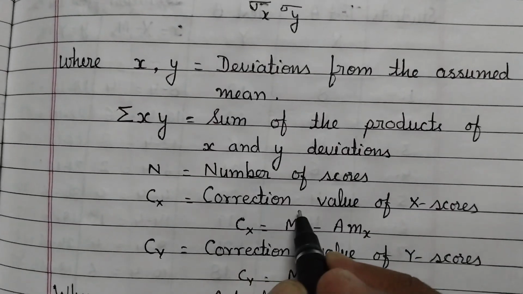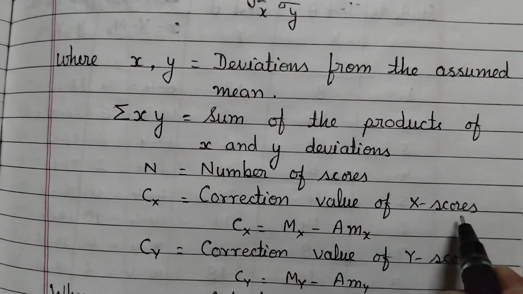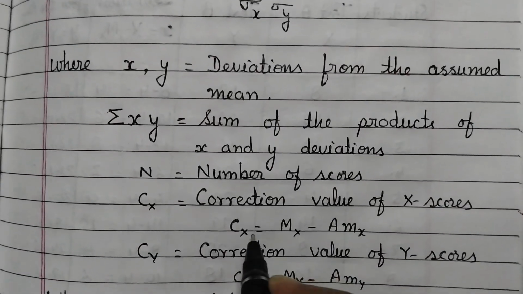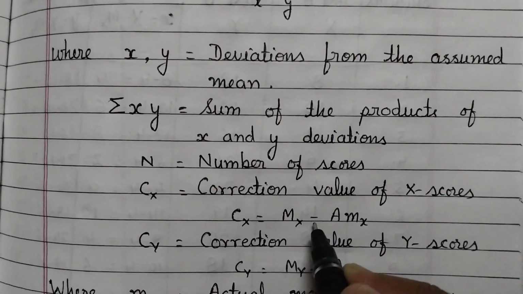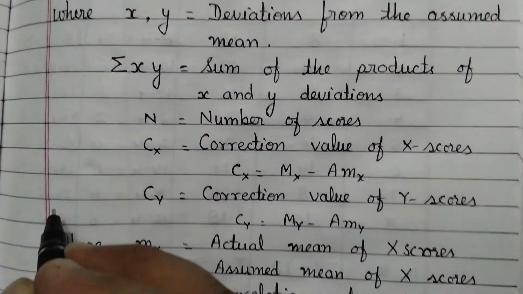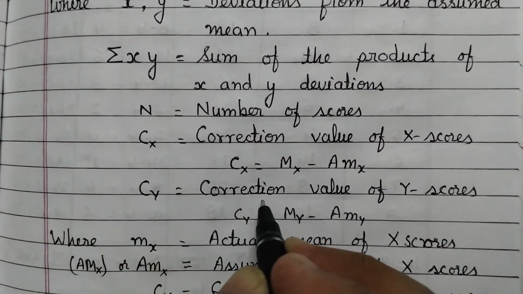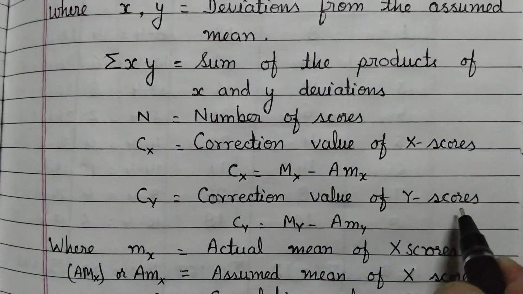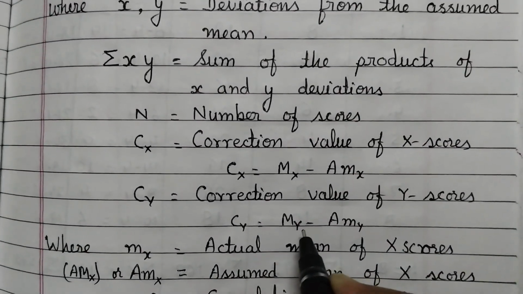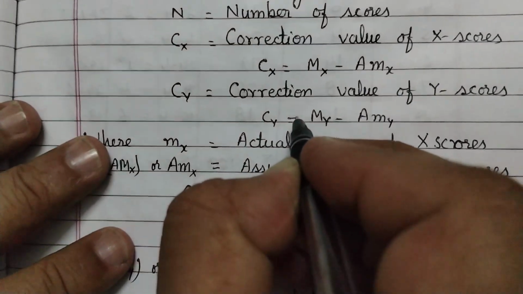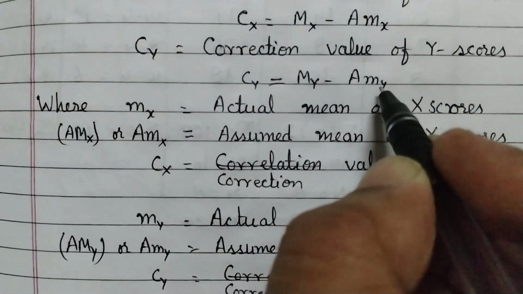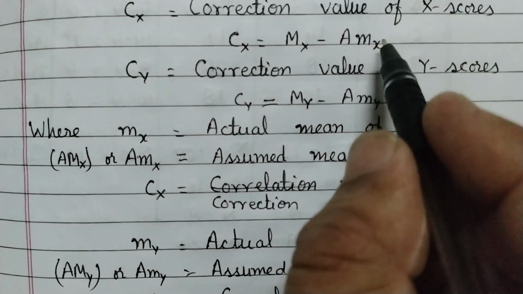n is equal to the number of scores. Cx is equal to the correction value of x scores, calculated as mx minus amx, where amx means assumed mean of x.